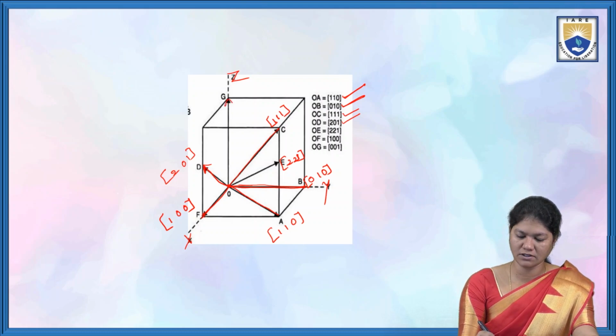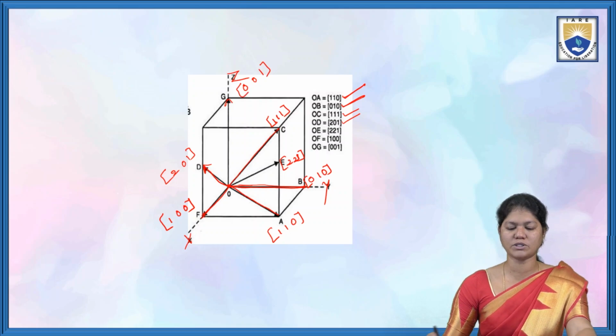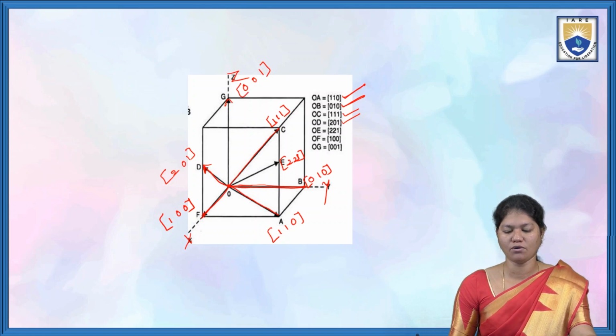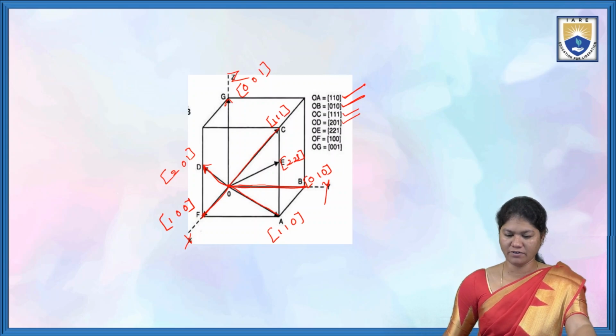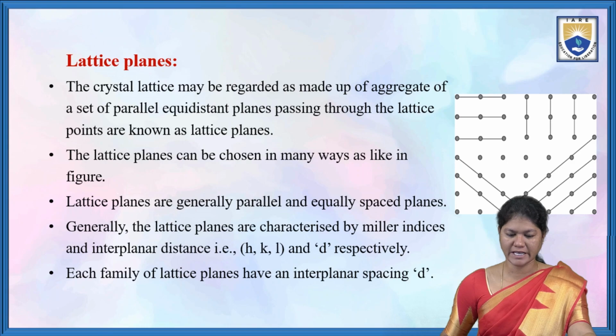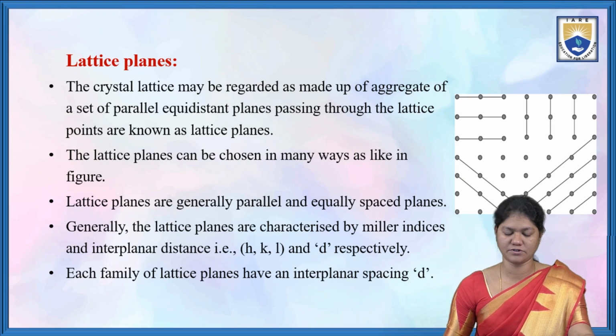The OG direction will be 0, 0, 1. Like that, we can tell the directions of the crystal system.